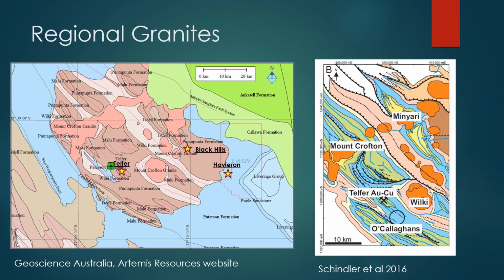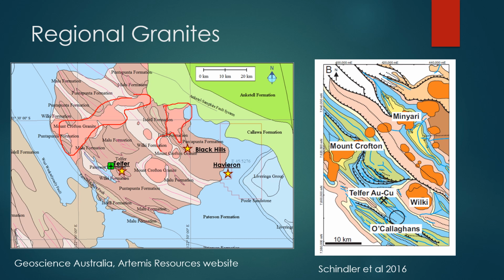And speaking of the granites, this is a couple of tables where we've got these red blobs that denote the intrusions as part of what is known as the O'Callaghan's Supersuite.